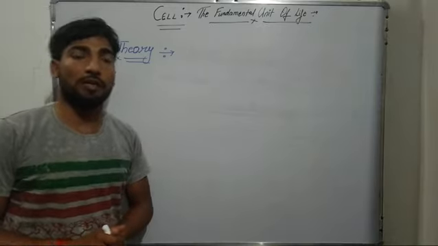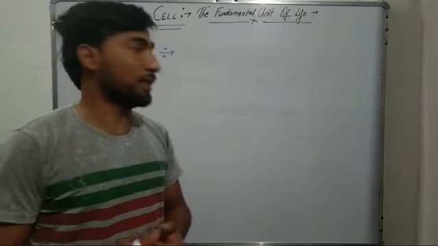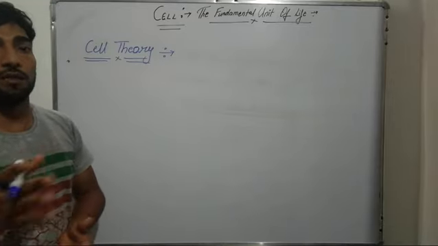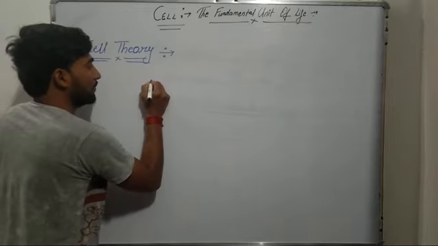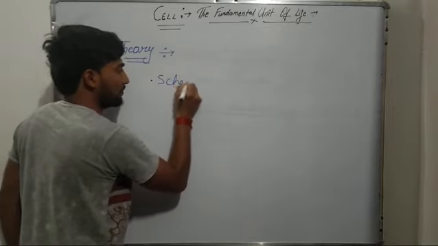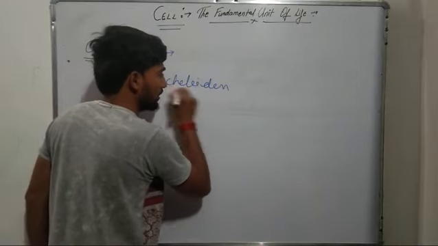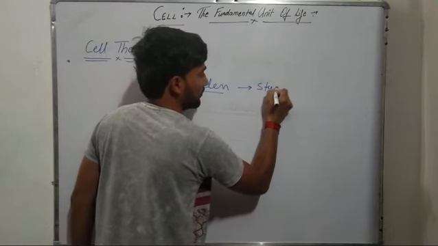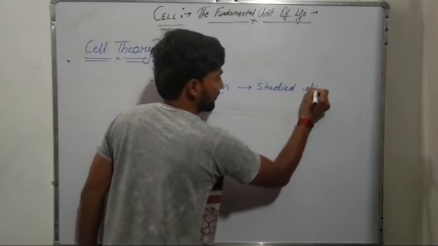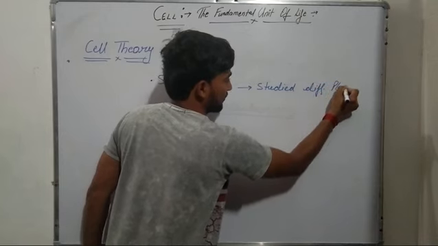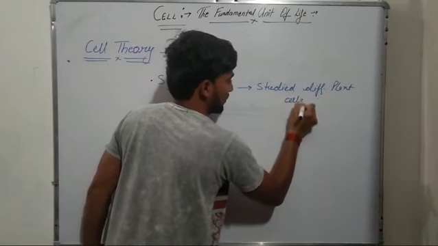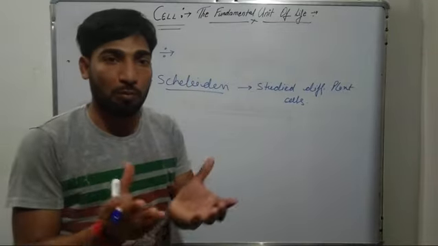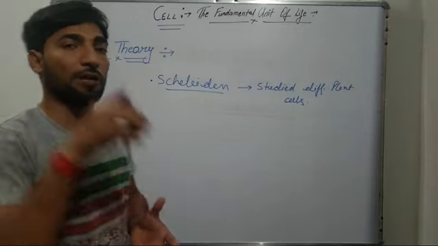This cell theory was jointly forwarded by two scientists, as I have already told you, Schleiden and Schwann in 1839. Schleiden is the scientist who studied different plant cells, and he found that a plant cell is a membrane bounded structure which contains a nucleus inside it.